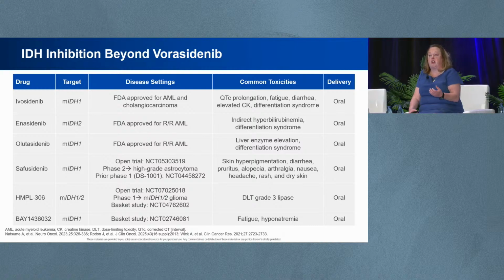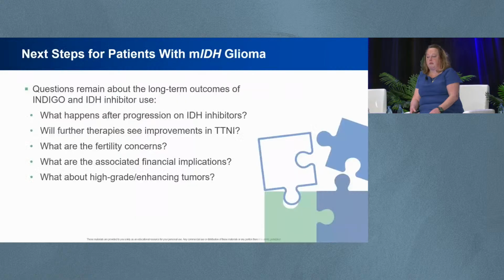Olutasidenib is another drug that's approved for AML. Safusidenib, you probably have seen a recent paper on this, and Dr. Prusser is going to go over more of this in detail, but this is a very interesting drug that's being evaluated in higher grade astrocytoma. And then there are two other drugs that are also being evaluated and have been evaluated in basket studies.